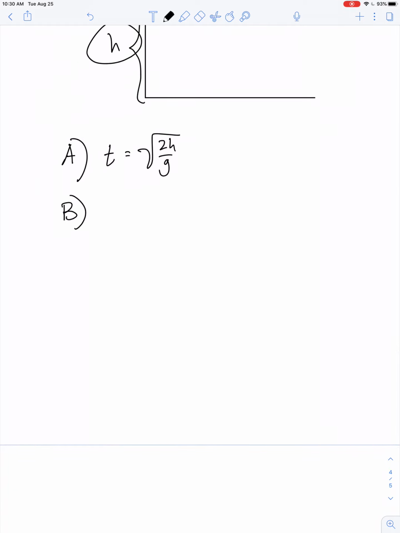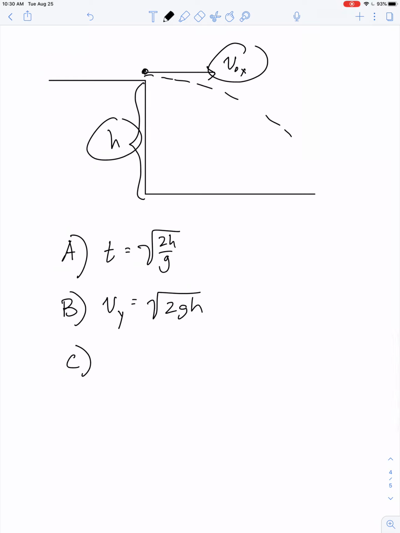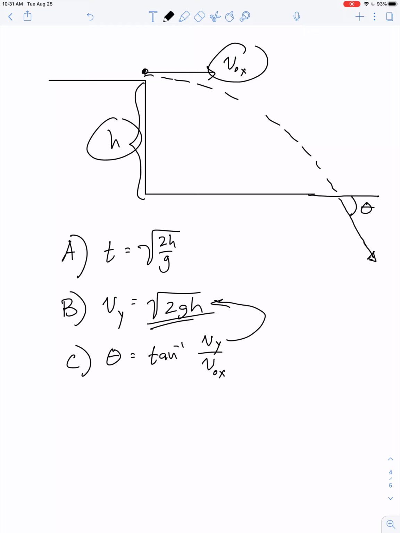B, we can find the vertical speed at impact, the square root of 2gh. And C, we can find the angle of impact. Theta equals the inverse tangent of Vy divided by V initial x, where, by the way, this Vy is first found using this formula.